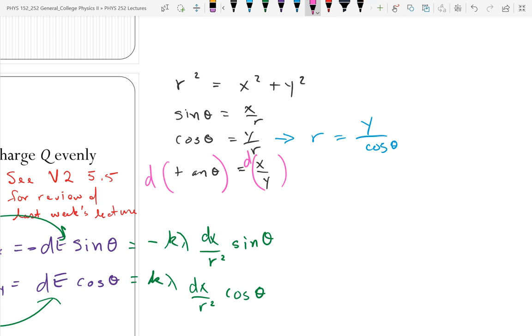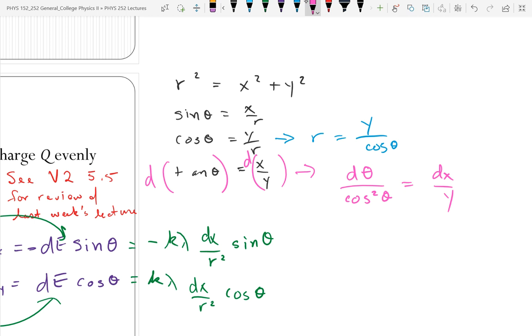Now, I didn't say with respect to theta. I just said the derivative. So what this gives us is secant squared, which is one over cosine squared, times d theta. So d theta over cosine squared of theta is equal to, since y is a constant, that's just dx over y.